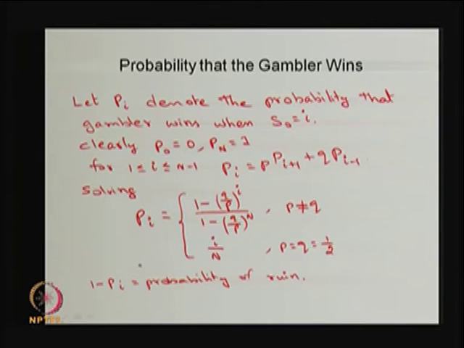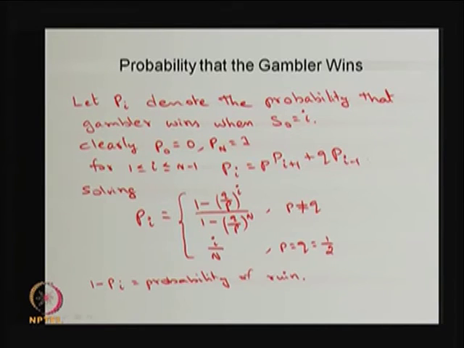Whenever p is less than q or p is greater than q, P i is (1 minus (q over p) power i) divided by (1 minus (q over p) power N).